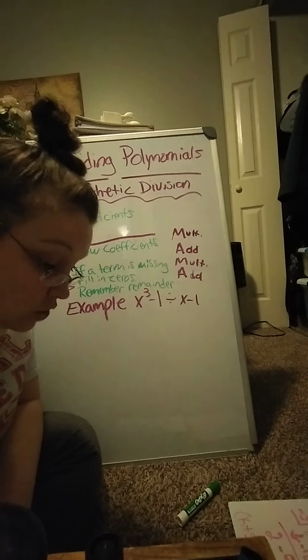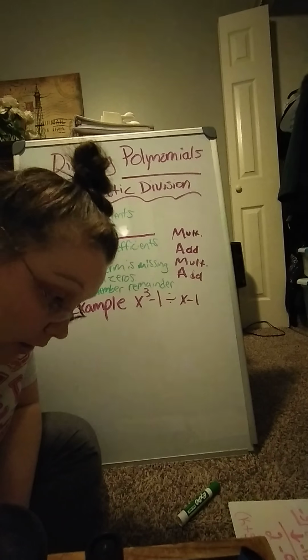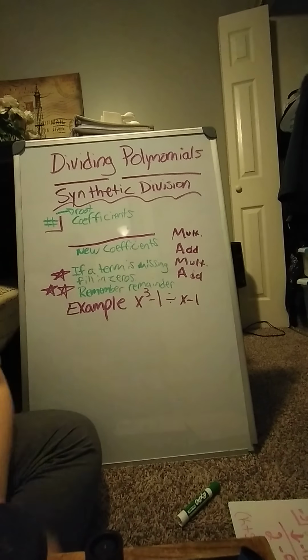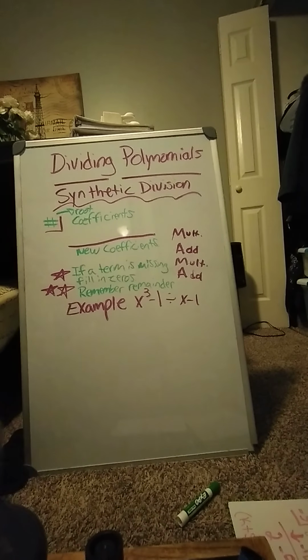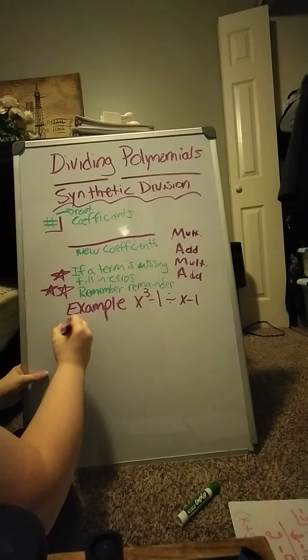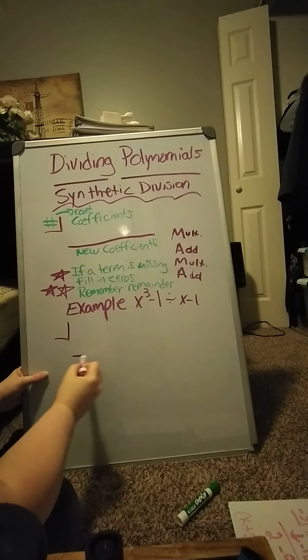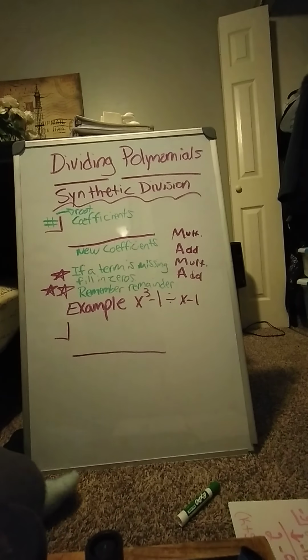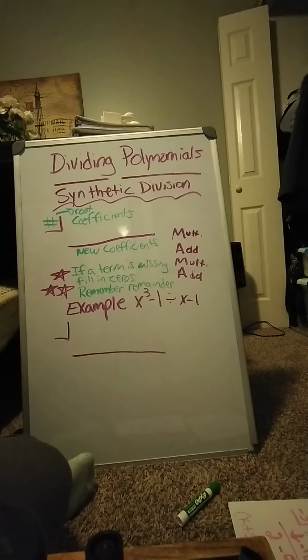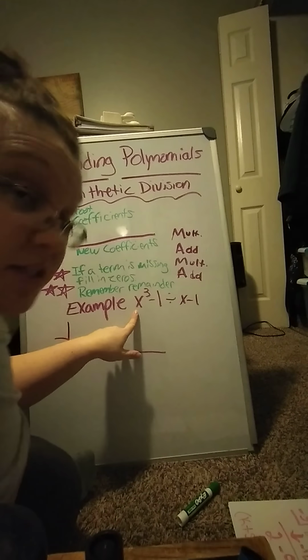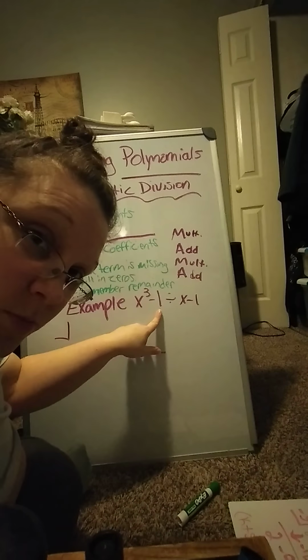So let's start our first example so I can walk you through it. So, just like we have up here, I'm going to make my little box in the corner, and I'm going to make my line across, okay? Now, you see how this says x cubed minus 1?